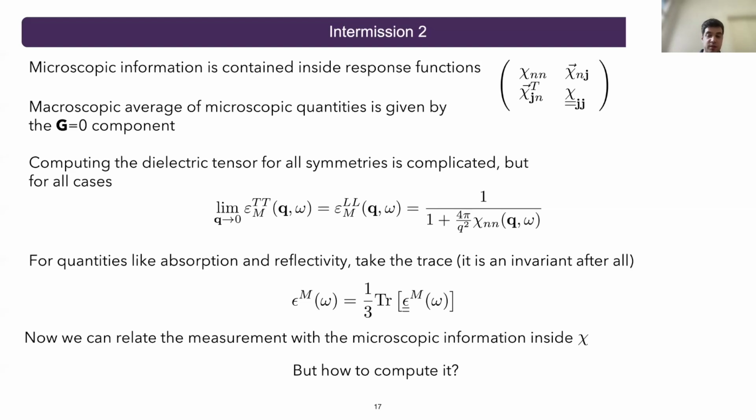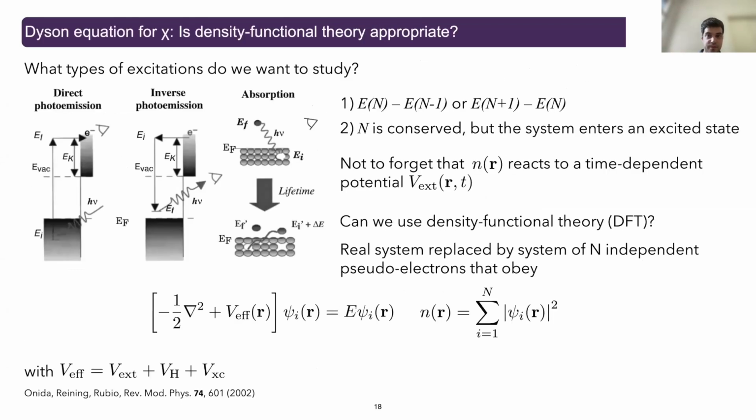At this point, we know what quantities we can compute from epsilon and how to link it to the microscopic dynamics. But we still need to know how to describe the changes in the current and the density due to the external potential. Here comes the point at which we must make a choice about the theoretical framework that we are going to use. So, some things to consider before choosing though.